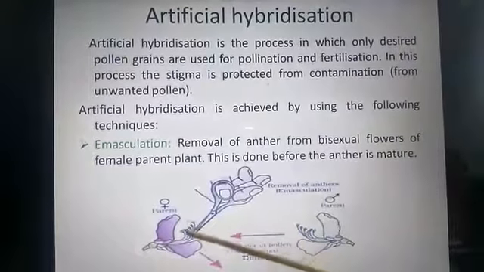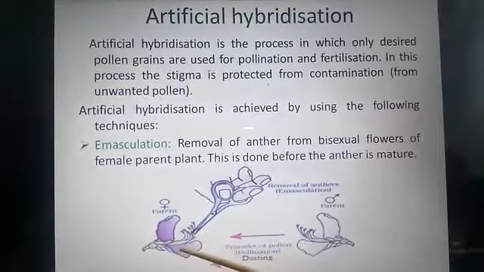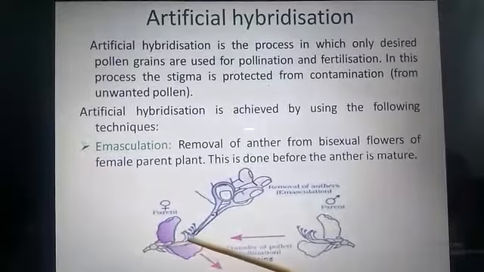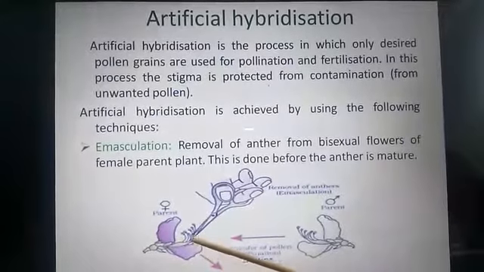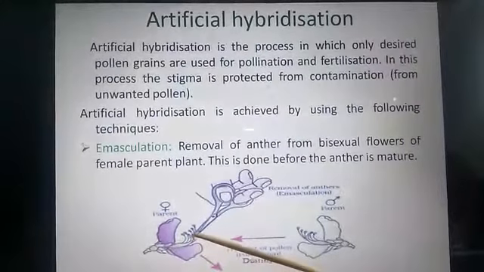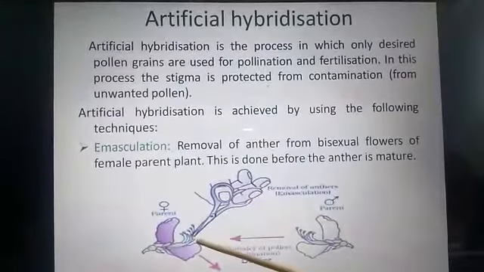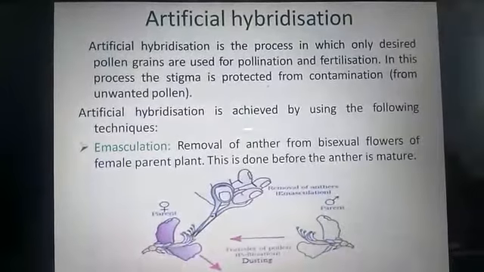This is chosen as a female parent plant, and this is a bisexual flower. It contains both pistil and stamen. Therefore, in order to avoid unwanted pollination, we need to remove the anther before it is mature, and that can be done by simply cutting off the anther with scissors.